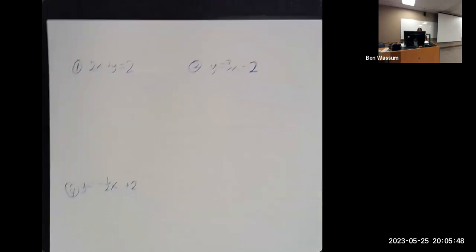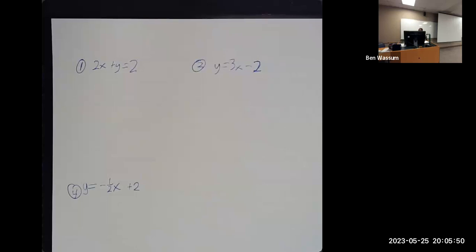Each of these we're going to be graphing, and we're just going to graph these with slope and intercept. It's monumentally faster than using points.